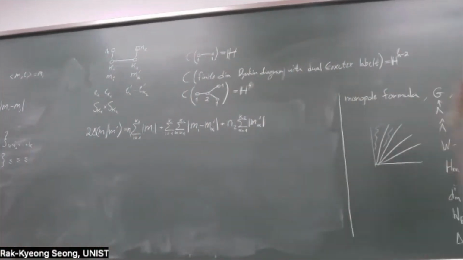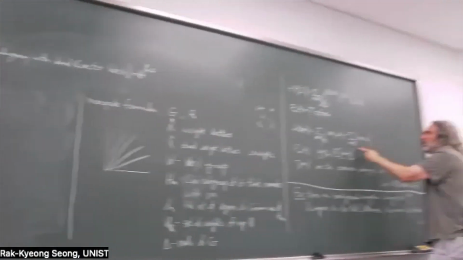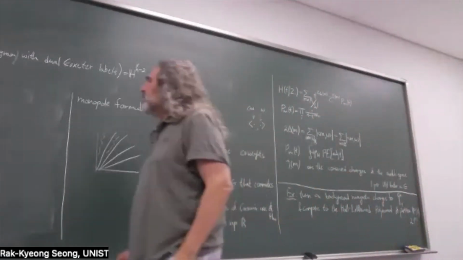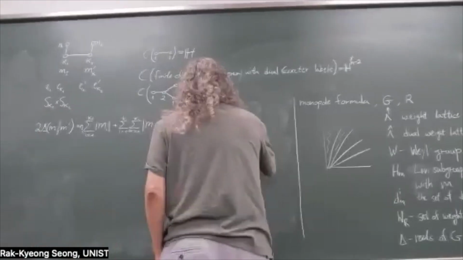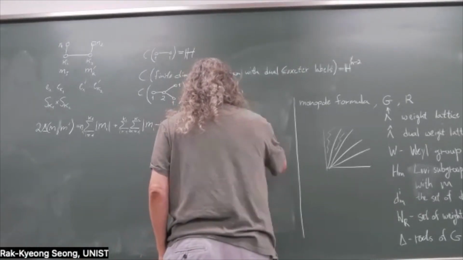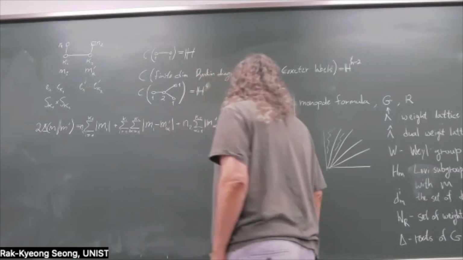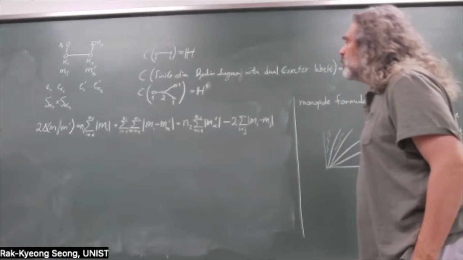And now I need to get the contributions of the gauge sector. There are 2 gauge groups. So I will have minus 2 sum over i less than j of the absolute value of m_i minus m_j. Those are the positive roots of U(K1).